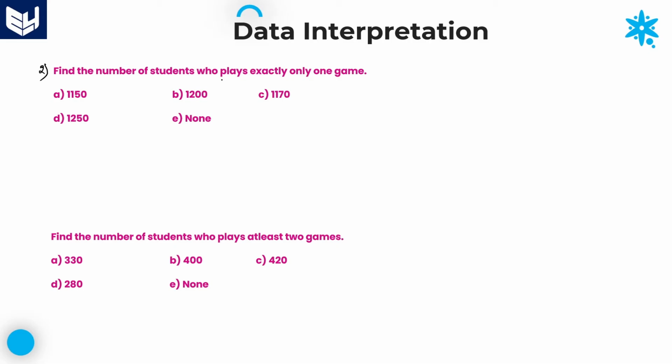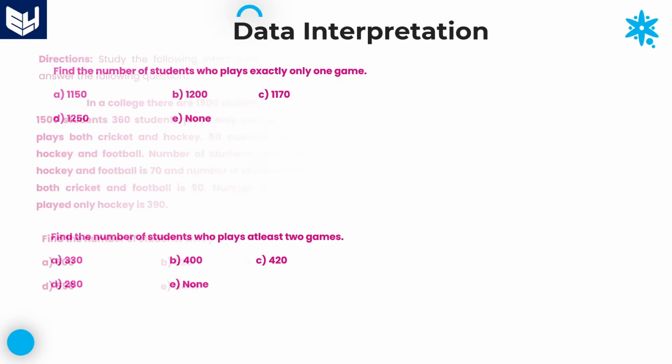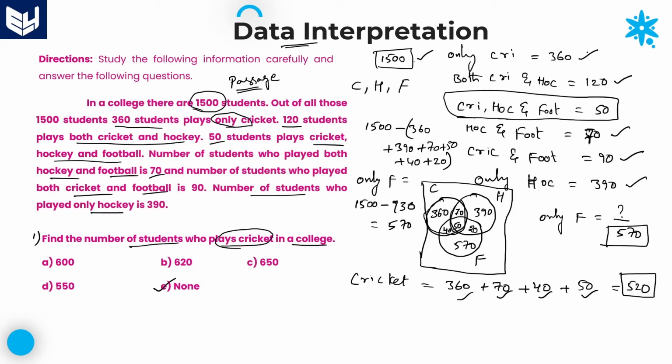Find the number of students who play exactly one game. It means exactly one game. It might be only cricket, it might be only hockey, and it might be only football. Now you need to take all these 3 values and add them. Only cricket is 360.